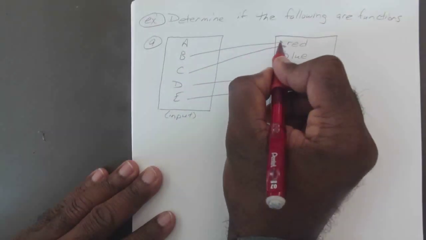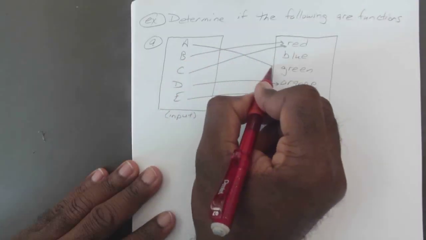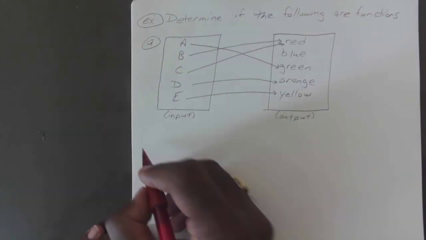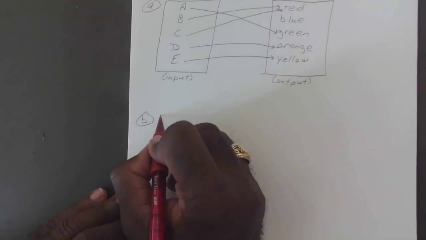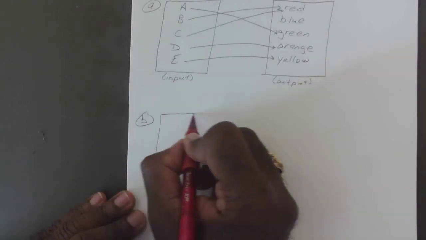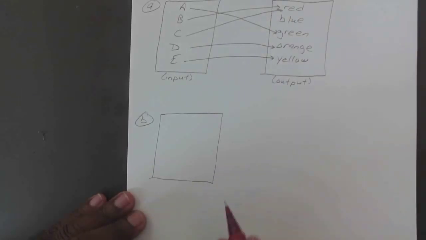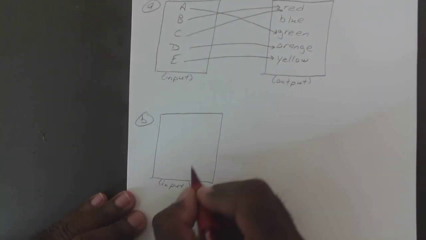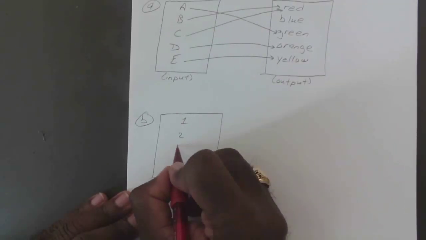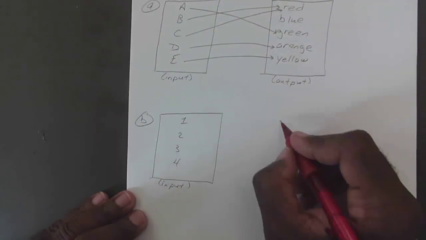And now let's say for B, for your input, you have 1, 2, 3, 4.